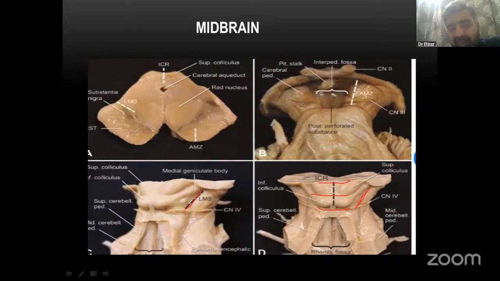When going laterally, the lateromedial zone sulcus is this one. So these are about 3 to 4 surgical entry zones and corridors we can use to enter the midbrain. Got it? Any question up to here?